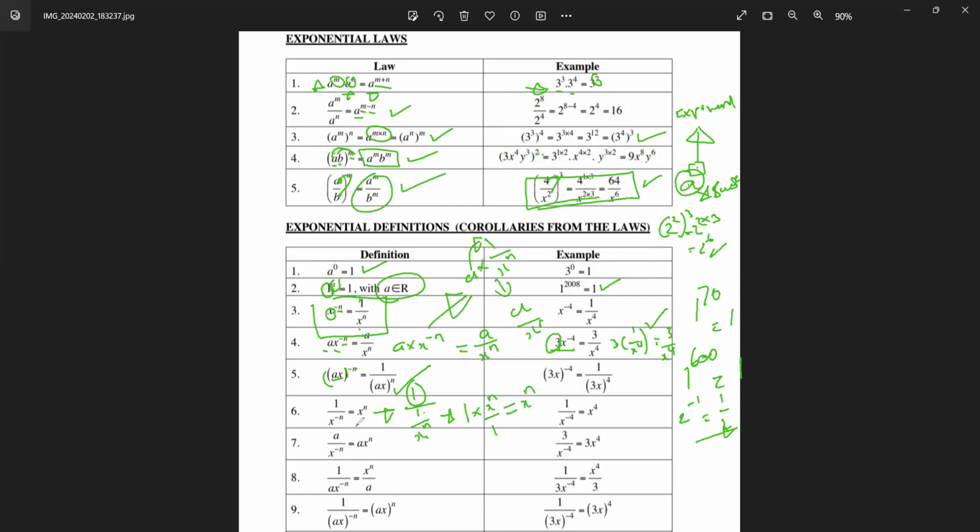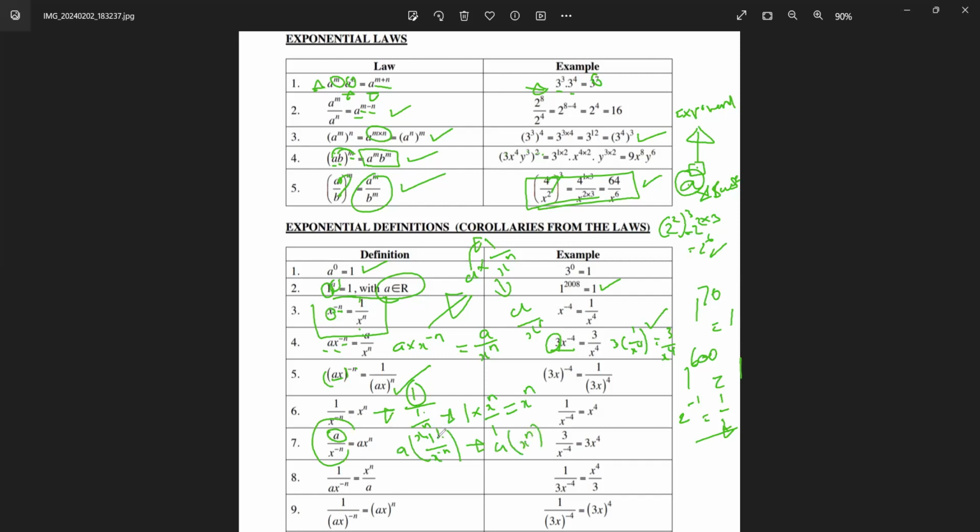Always like that. Then here is the same. Remember, it's just a number here. a is just a number or a variable. So it's like a multiplied by 1 over x to the negative n, which is equivalent to a x^n. Why?